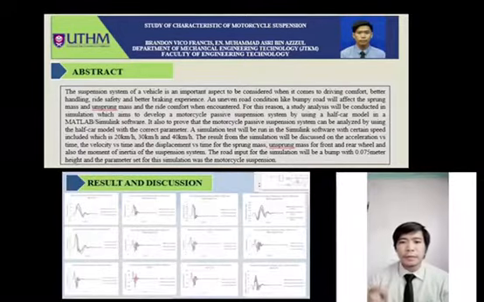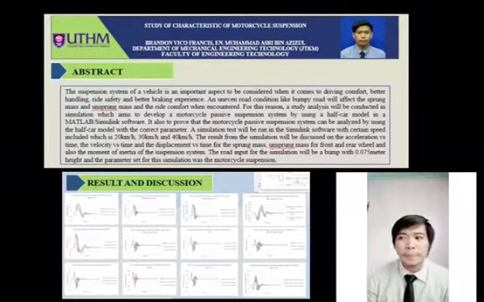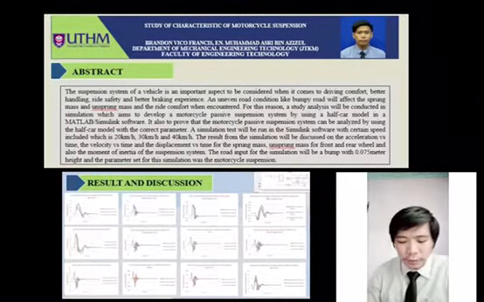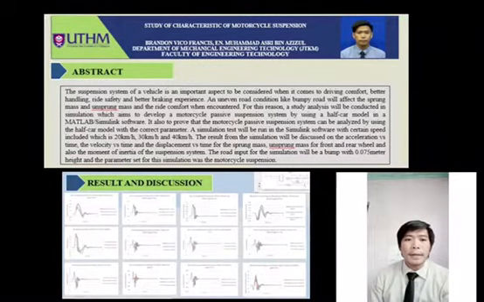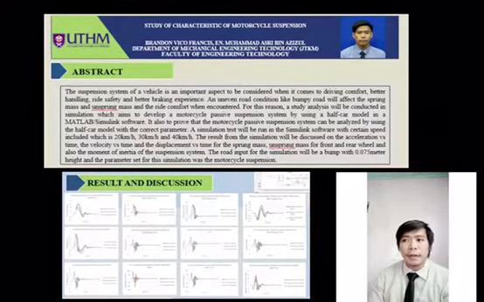Okay, so for the first result, which is the sprung mass, according to the result that has been obtained, it shows that as the speed of the motorcycle increases, the displacement reading of the sprung mass is much lower.